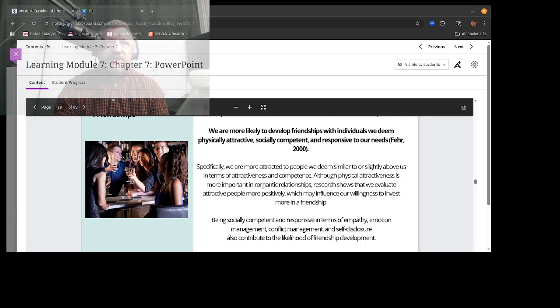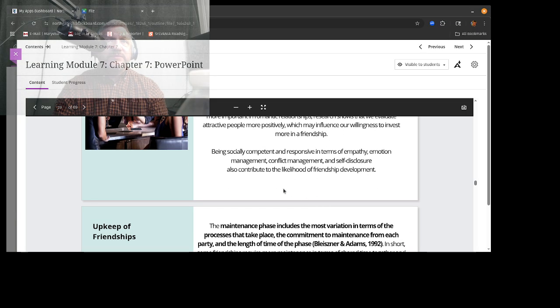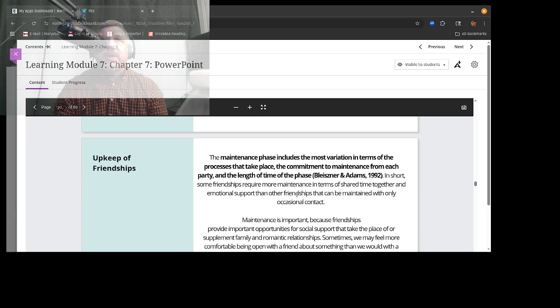Physical attraction is more important in romantic relationships, but we still evaluate with that lens, even in our friendships. Being socially competent and responsive in terms of empathy, emotion management, conflict management, and also self-disclosure helps create the likelihood of friendship development as well.